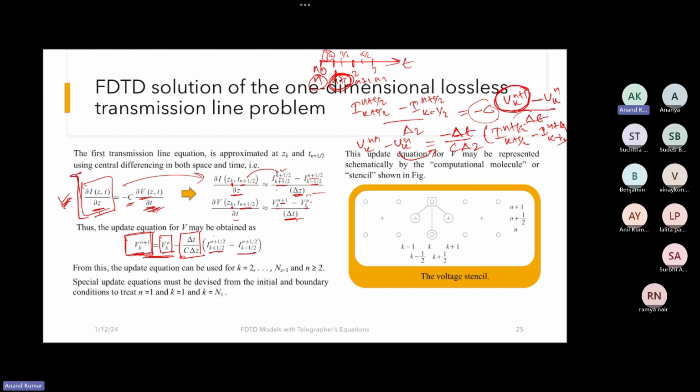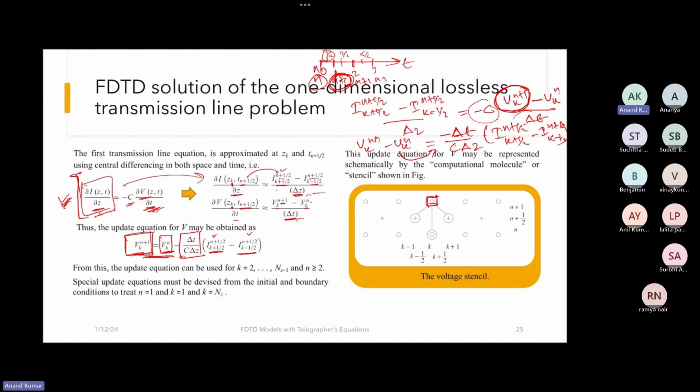The currents at n plus half are the previous current values at nearby points, and this is the voltage value at the same point. If you look at this particular stencil, this was the voltage value we were trying to evaluate.